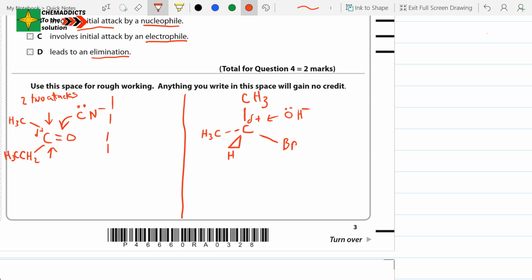So two different molecules would form. Okay, two different optical isomers will form, two different enantiomers will form. As a result the optical activity would be cancelled. So here we have the racemic mixture.